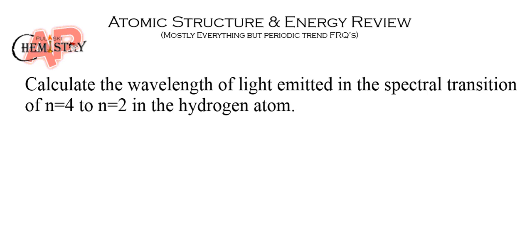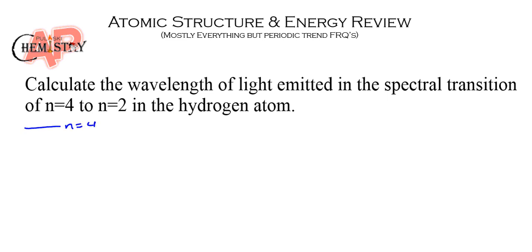Calculate the wavelength of light emitted in the spectral transition of n=4 to n=2 in the hydrogen atom. So this is talking about an electron going from the fourth energy level, right? n is an energy level, to the second energy level. So it is falling, it is dropping.